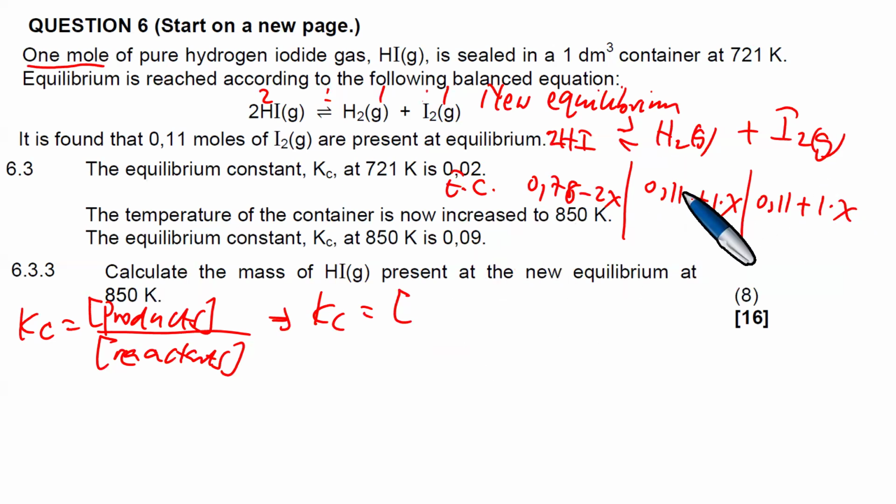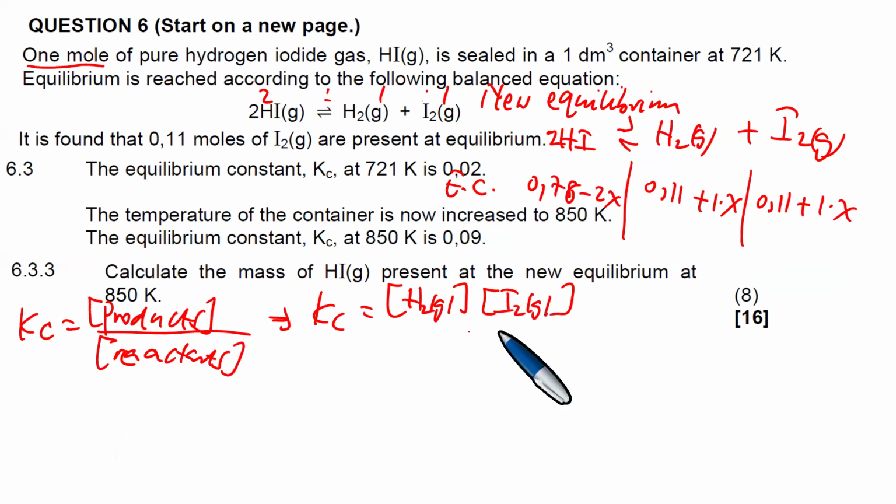The products increased because the Kc increased. Let's write it nicely, using this balanced chemical equation: H2 gas and I2 gas, divided by hydrogen iodide gas, and this one is squared.